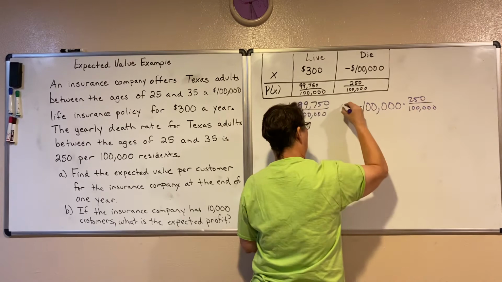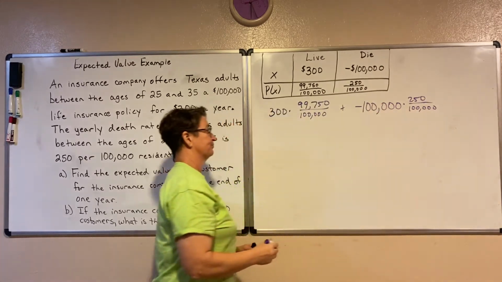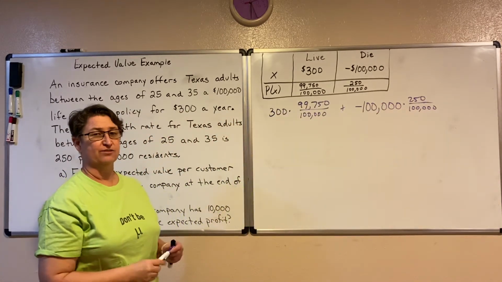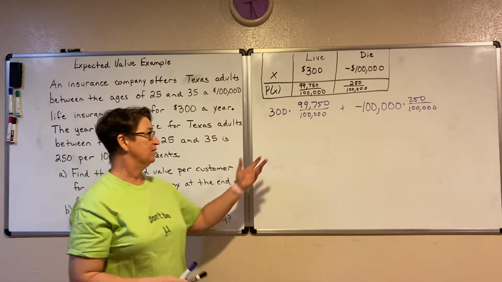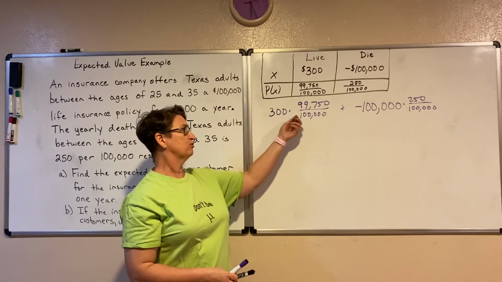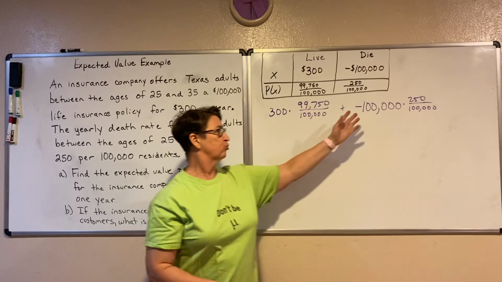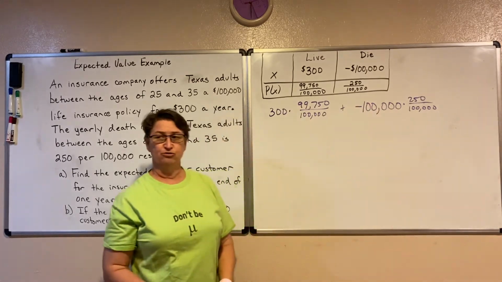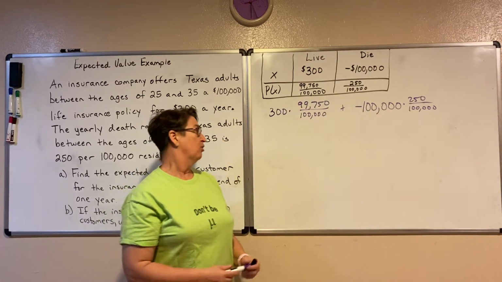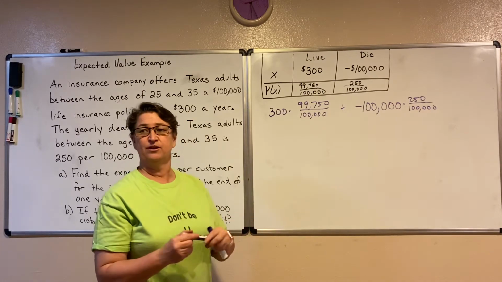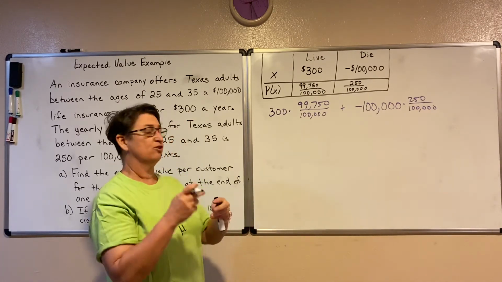And I'm going to add those two values together. So that's how we find the expected value. It's just this weighted mean where we take the amount times the probability, each one of those, and then add those values together.